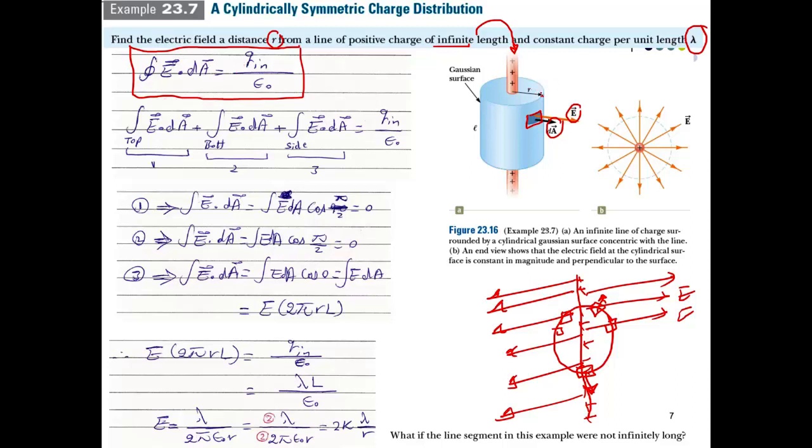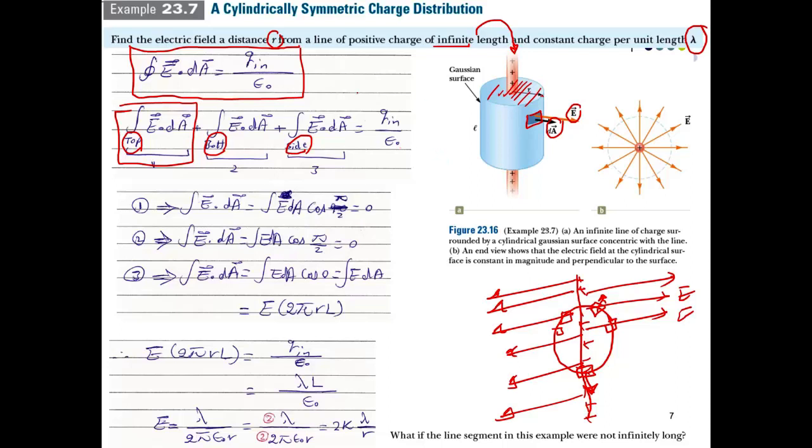Well, we have the top surface, the bottom one, and the side one. So this is just equal to Q inside divided by epsilon. Look at this. Is there any flux that goes through the top and the bottom?